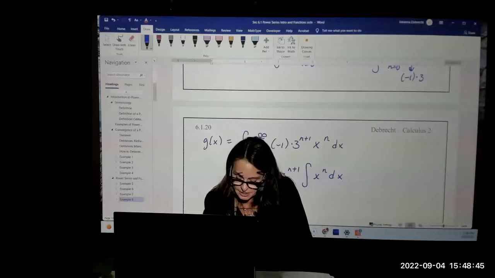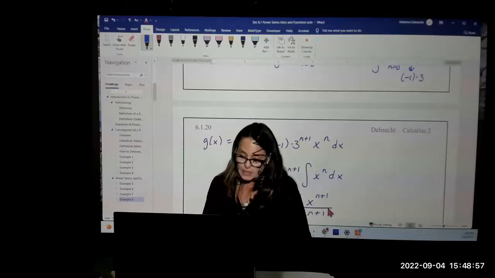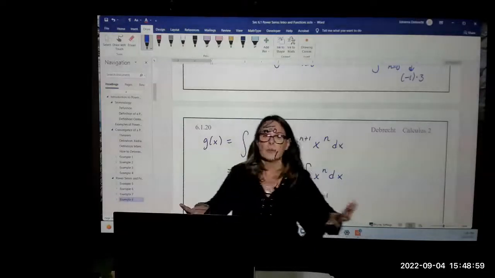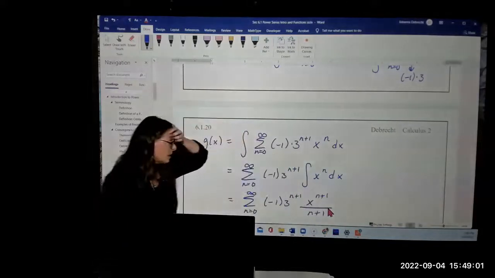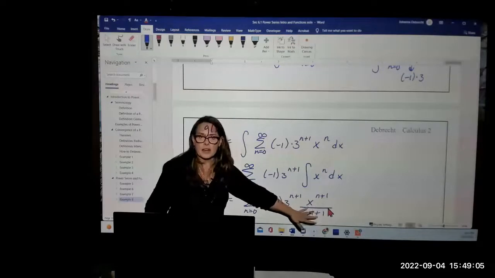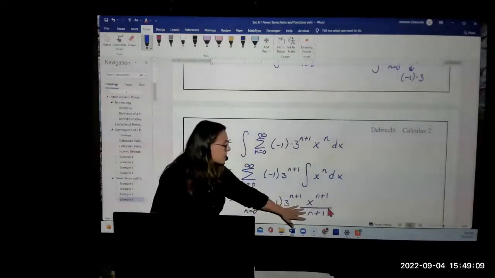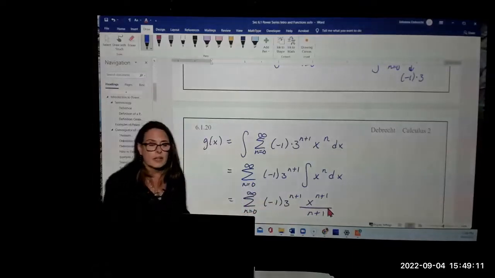And this gives us the series from n equals 0 to infinity of negative 1, 3 to the n plus 1 times x to the n plus 1, add 1 and divide by the new power. Now, normally we would have a constant, but we don't mess with the constant when we're looking at power series. We can always add a constant, right? It's not going to be a problem. So we have this expression right here.